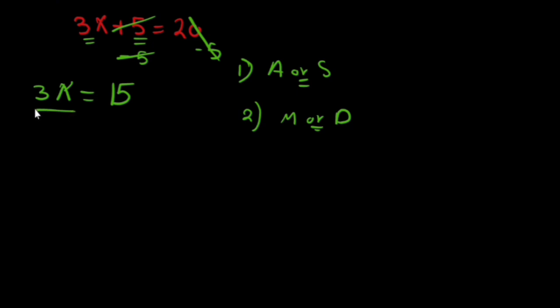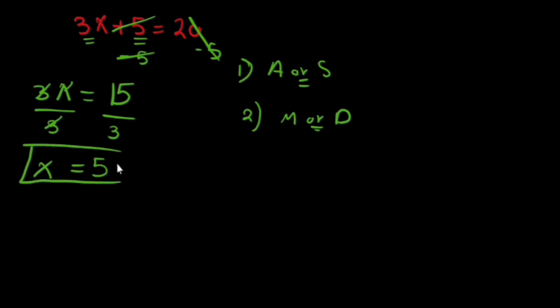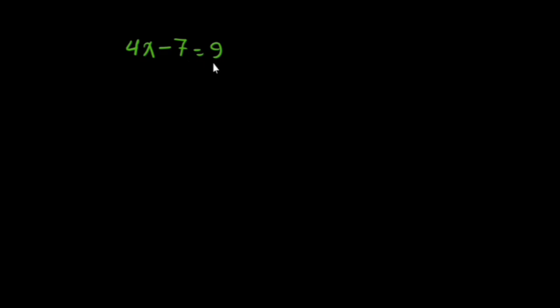To get rid of multiplication, we have to divide by 3 on the left side and divide by 3 on the right side. So 3 with the 3, the left is x, equals 15 divided by 3 equals 5, because 3 times 5 equals 15. Okay, so the result of x equals 5. If I have 4x minus 7 equals 9, write the steps first.